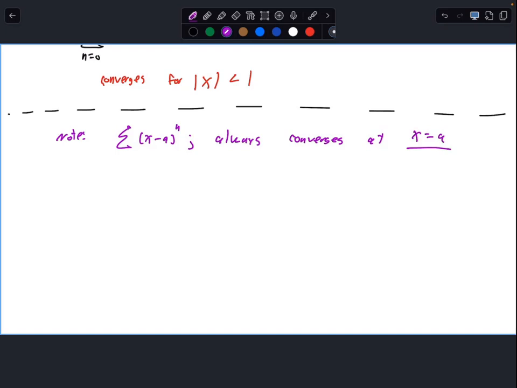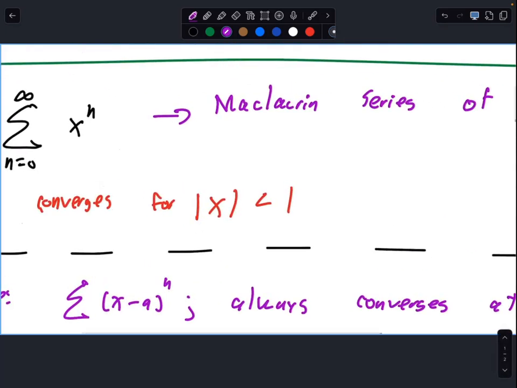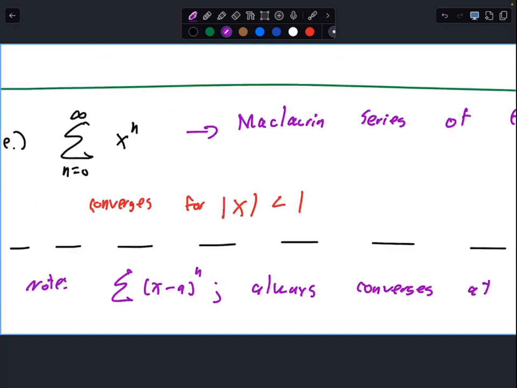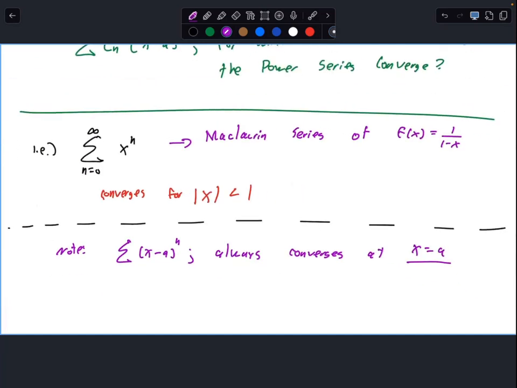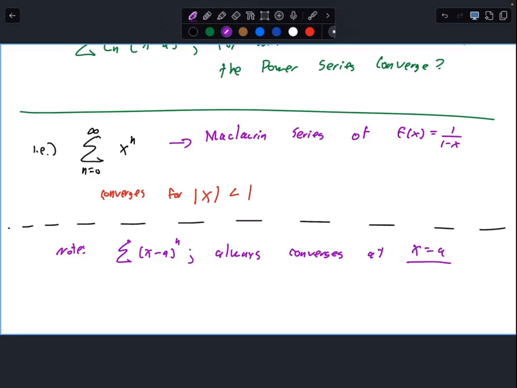It always will converge. And that just means that this function and this summation are equivalent to each other so long as, in this case, the absolute value of x is less than 1. If the absolute value of x is not less than 1, then these two things right here are not equivalent. It wouldn't work because a geometric series, if the absolute value of x was not less than 1, would not converge to 1 over 1 minus x. The sum would diverge.